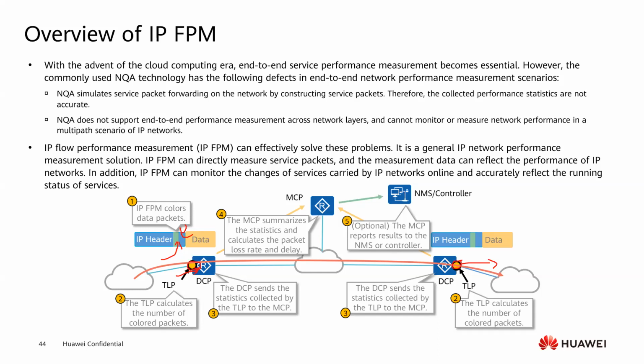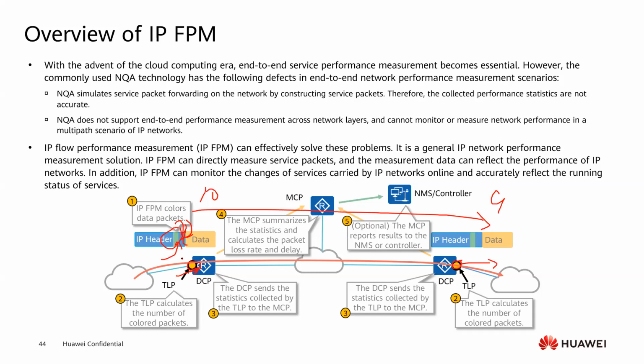They try to calculate, because I color the packet. For example, here I have 10 packets colored, and when they go out, we only have 9 colored headers. So I can figure out there is a 10% packet loss rate. Also, you can put a timestamp inside to detect the delay and jitter.